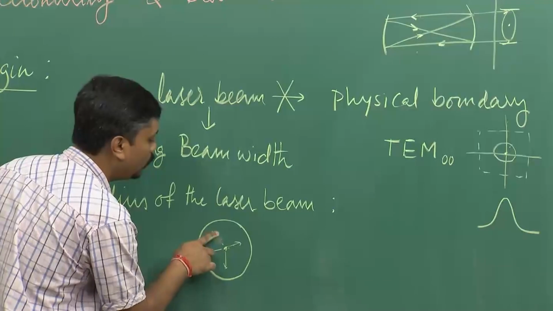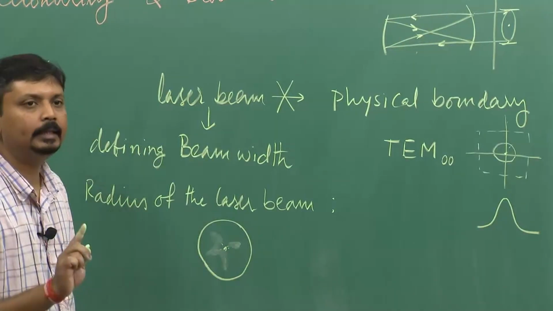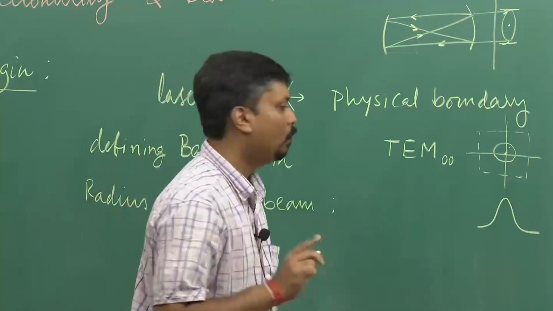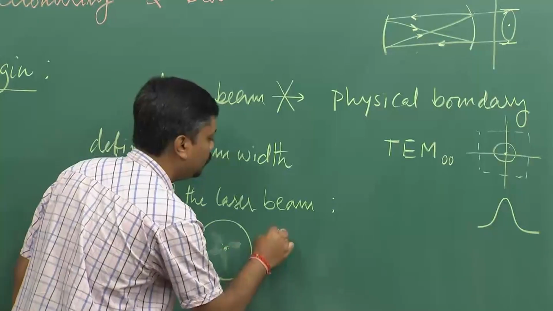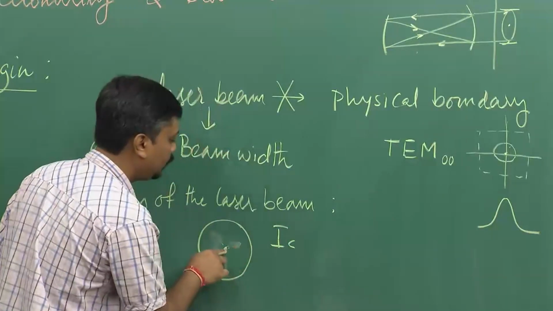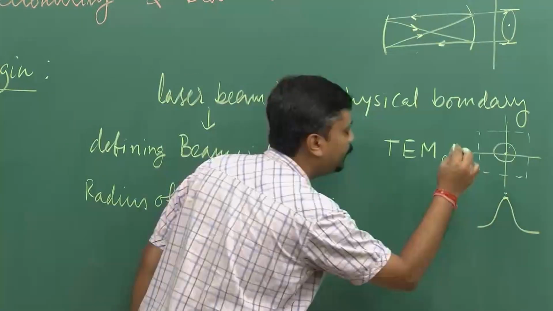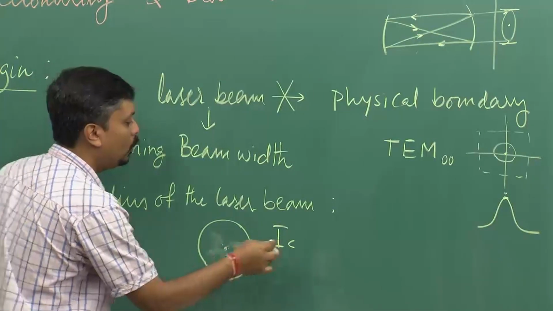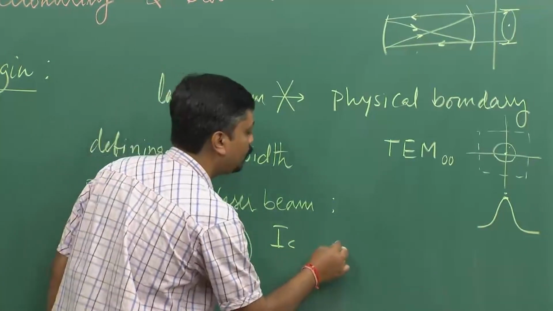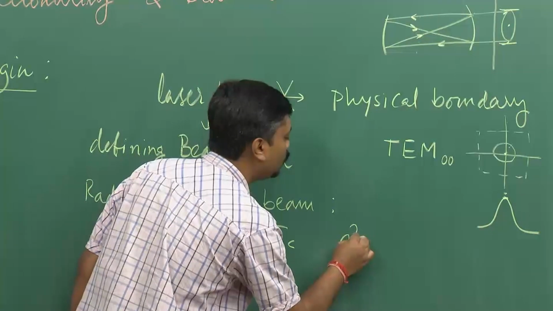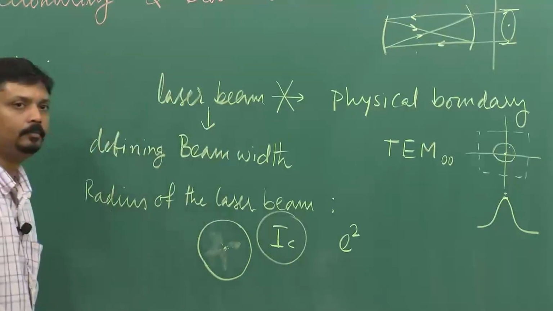So if I go radially up to the distance where the intensity, say I_c corresponds to the intensity at the center, that means intensity here. Now, if I go a distance where the intensity falls off by e squared of this intensity, okay.